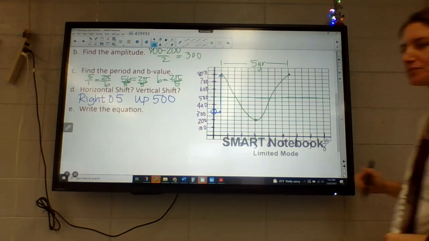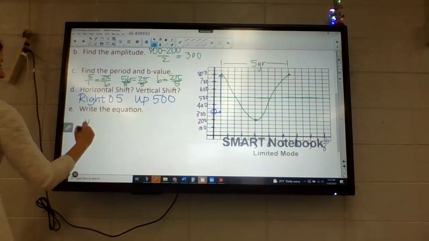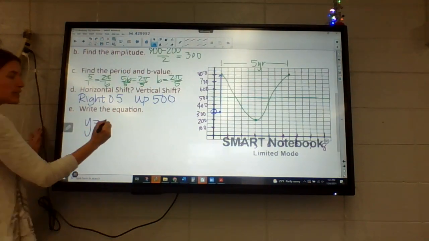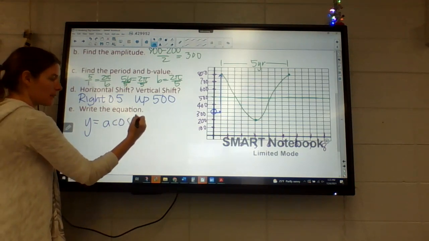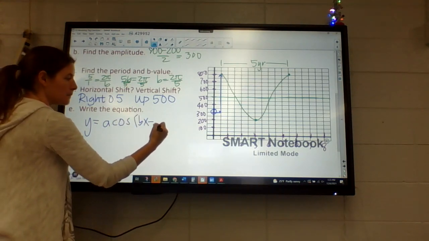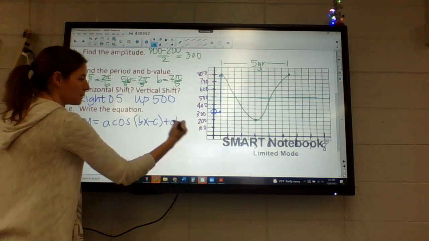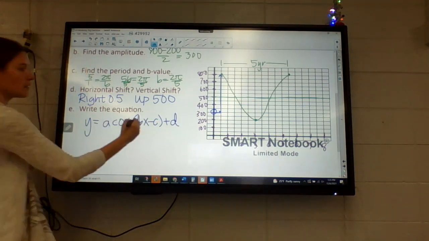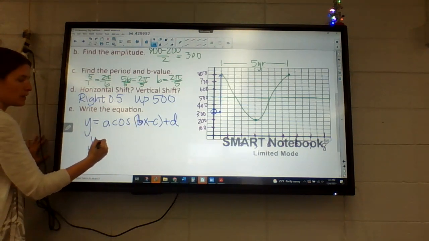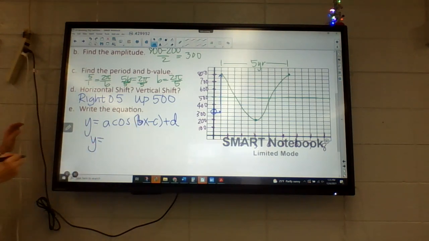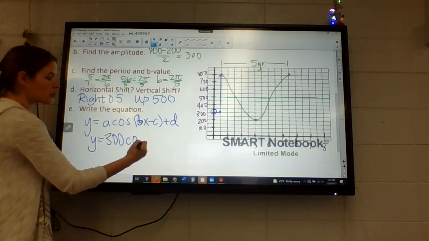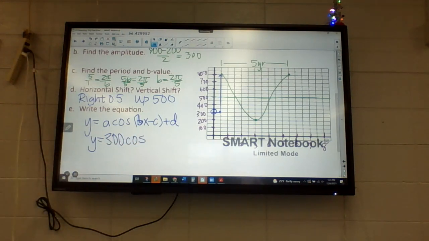Alright. So we're ready to write our equation. So y equals, and again, I'm using cosine if that helps. That should be a b. Alright. So our amplitude we decided was 300. Cosine, again, we chose cosine just because that was our general shape here.